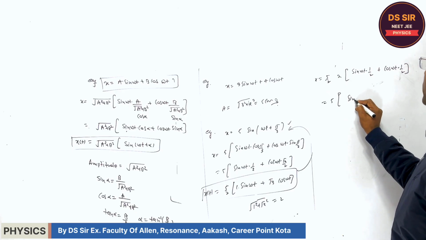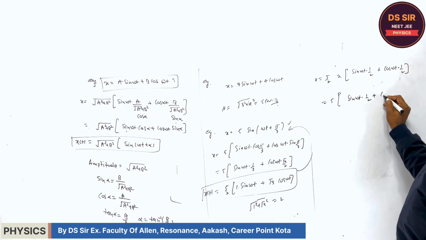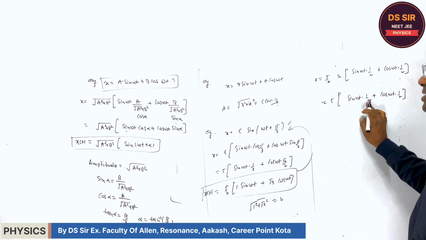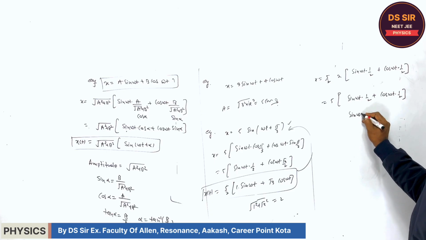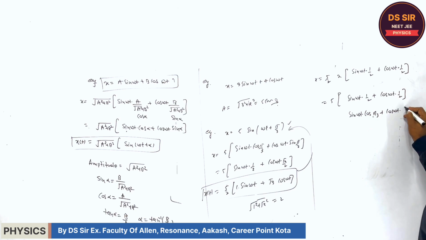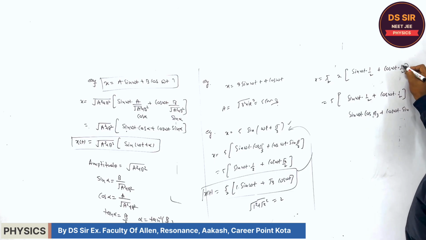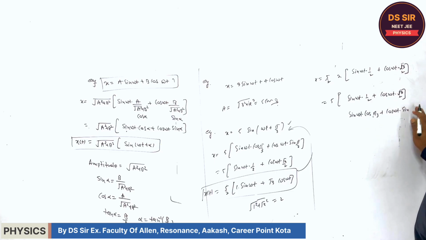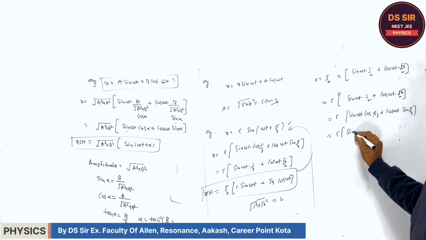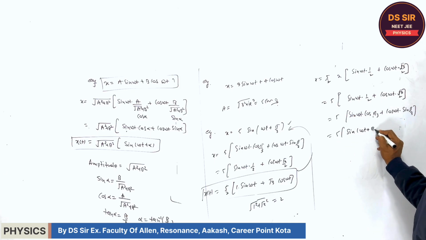It is 5 times sin omega t into cos 60, pi by 3, plus cos omega t into sin 60. Wait for 1 minute. It is root 3 by 2, it is sin pi by 3. So it is 5 sin of omega t plus pi by 3, as given.